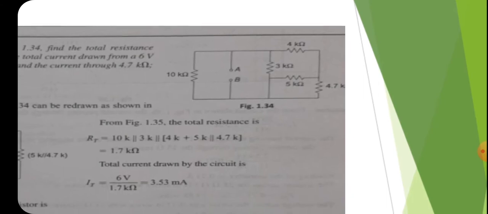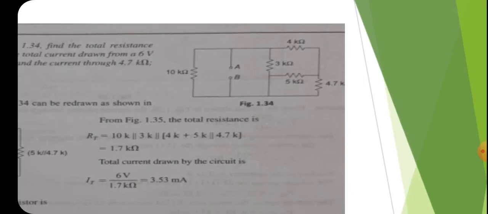That means the 4K resistor current is 0.93 milliampere, and that current will be split into two parts. A part will go to the 5 kilo ohm resistor and the other part will go to the 4.7 kilo ohm.